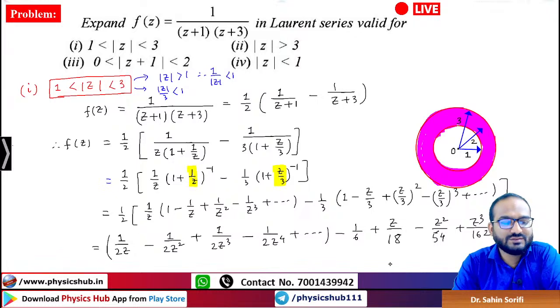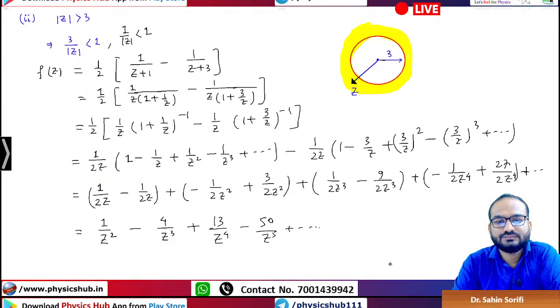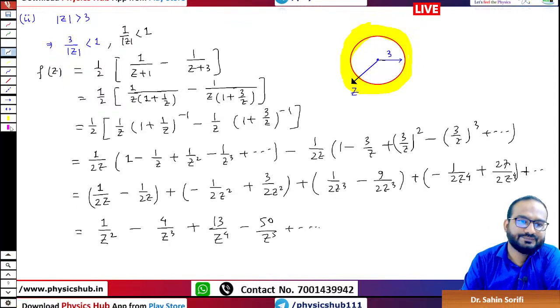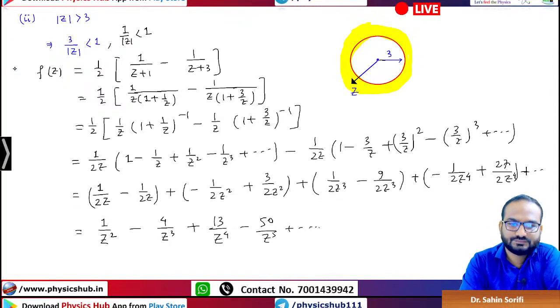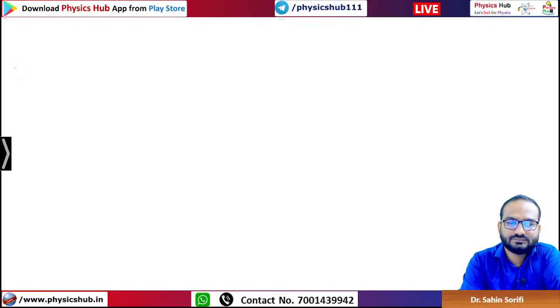So mod of z plus 1, what does it represent? Let's go for the third case, okay? If anyone has any question, you can ask, okay?